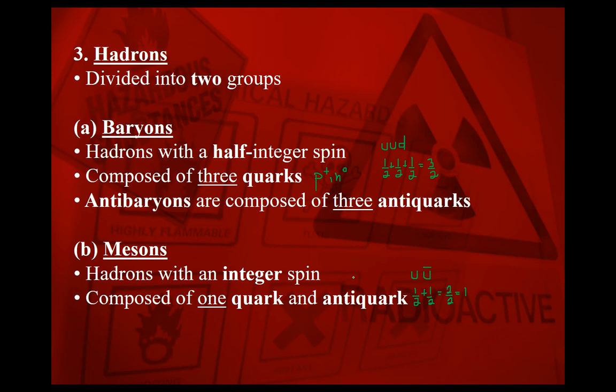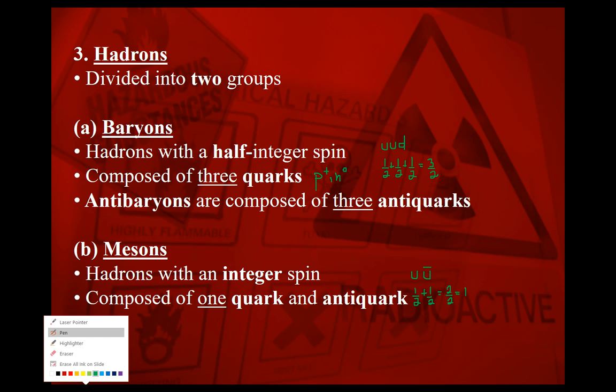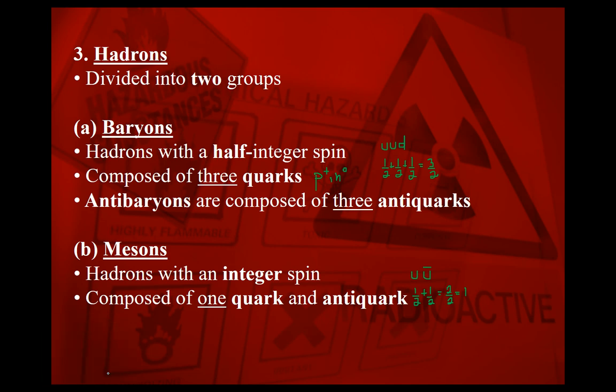Okay, I want to mess with your head a little bit more, just because this is fun. Okay, so wait a second. Let's go back to this whole idea of color, you know, the property that we call color that has nothing to do with actual color. Okay, so wait a second. Let's say that this up quark had a color that was red.